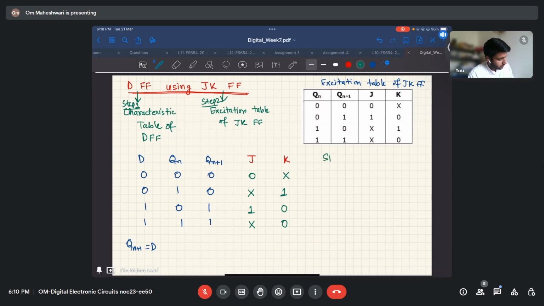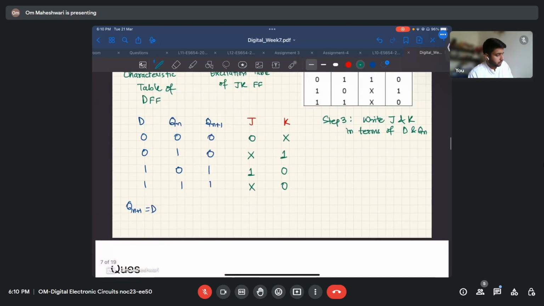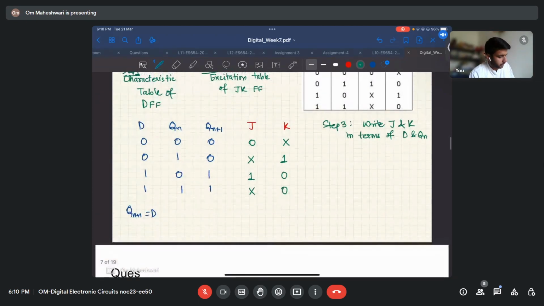Now step 3 is write J and K in terms of D and Qn. For that, the easiest way we know is K map. Let us make a K map.